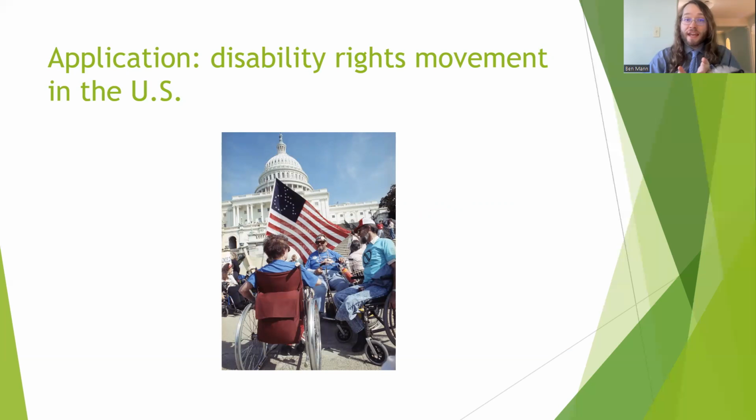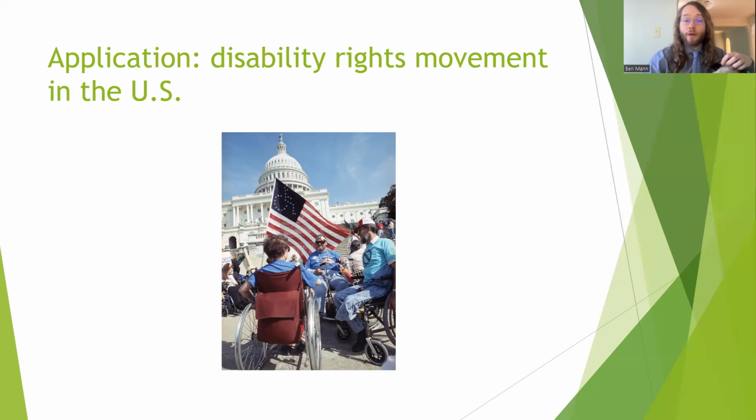So as a way of understanding and applying this, the disability rights movement in the United States is a really interesting example. In 1990, we saw passage of the Americans with Disabilities Act, which ensures reasonable accommodation on the basis of disability. However, the tactics and strategies that people with disabilities used as a co-culture were wildly varied.